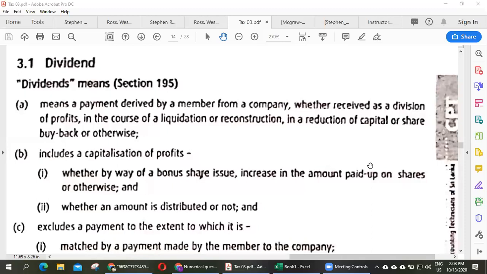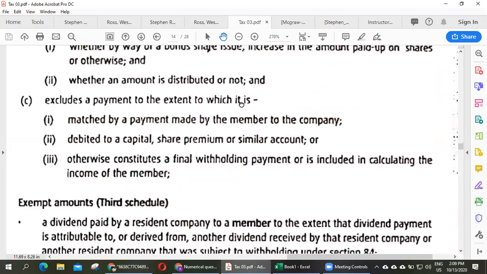Dividend includes a capitalization of profit, whether by way of bonus share issue, increase in the amount paid up on shares or otherwise, and whether an amount is distributed or not. But dividend excludes an amount paid by the member to the company, debited to a capital, share premium or similar account, or otherwise constituting a final withholding payment or included in calculating the income.